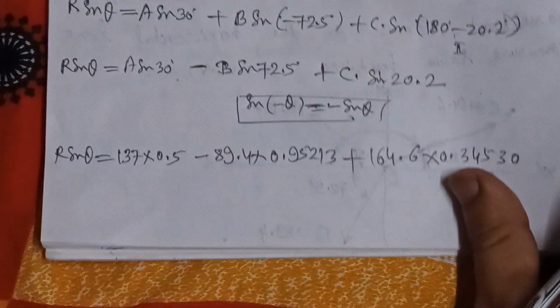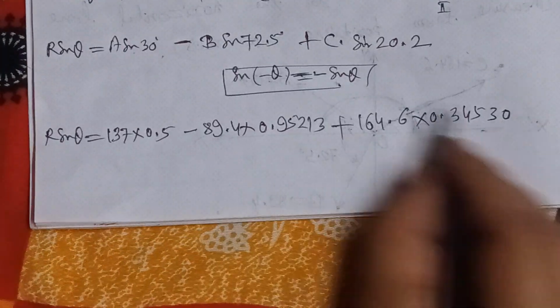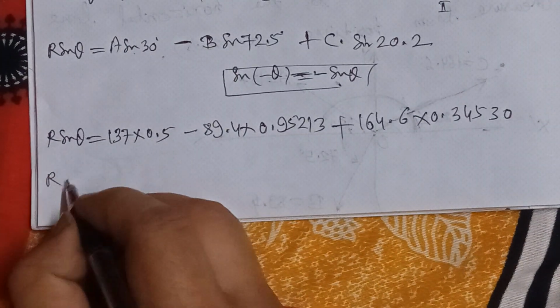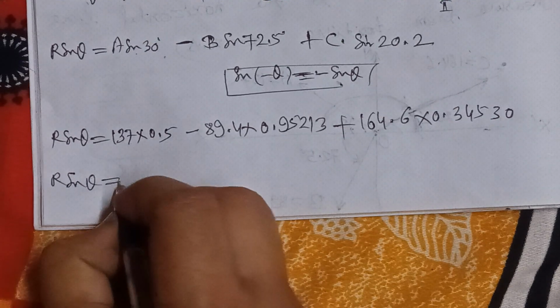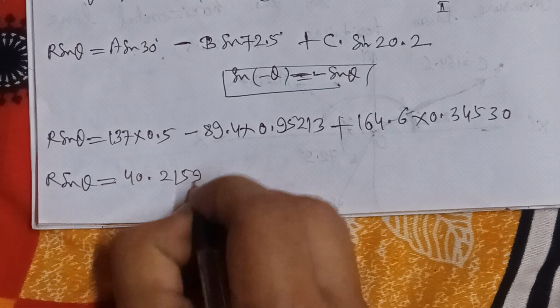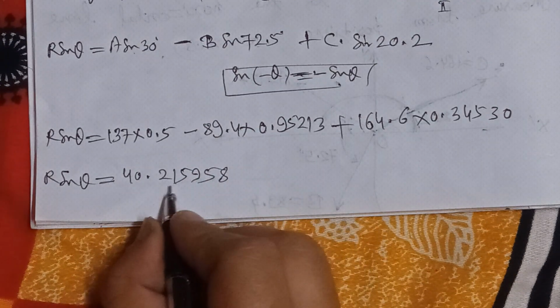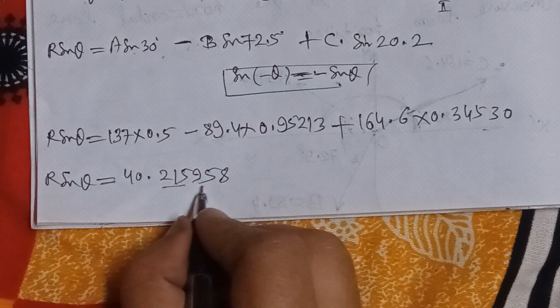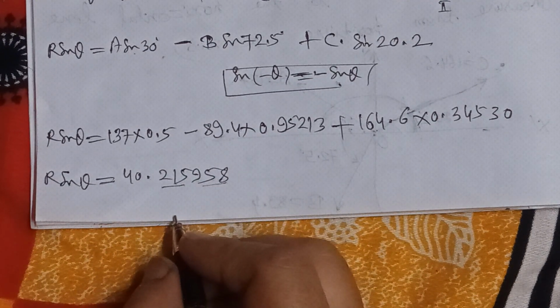On calculating this we get the value of r sin theta equal to 40.215958, which is a 6 decimal place value.